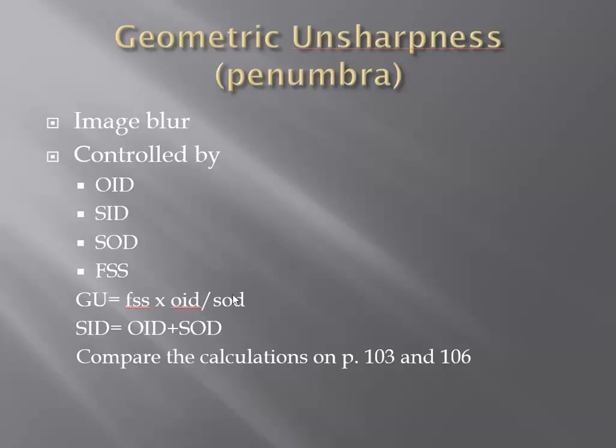So what you're going to have to do is calculate SOD by your difference in OID and SID. So SID is equal to OID plus SOD. Where people have a tendency to fall down on this particular formula is the SOD. Remember, SID is equal to OID plus SOD.